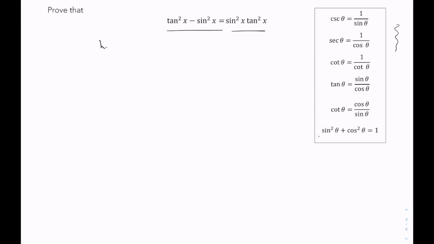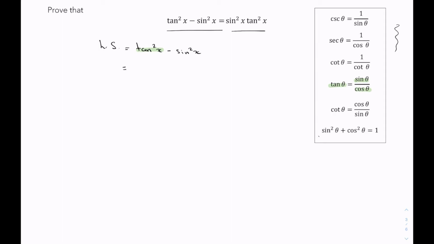So let's start with the left side, and that's equal to tan squared x minus sine squared x. What I'm going to do is a substitution. I'm going to replace the tan x with the trig ratio for tan.